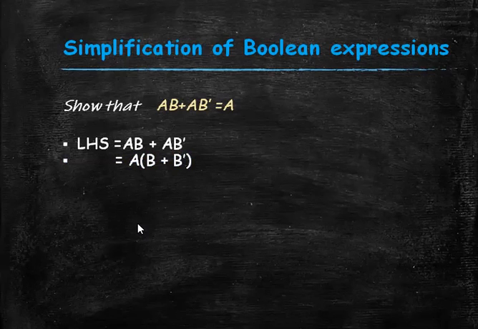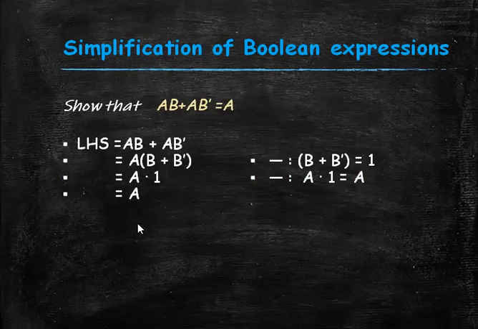We can take A as common from both terms. Then it is A and B or B bar. And we know that B or B bar is equal to 1. Then it is A and 1, and that is equal to A. The result is A.